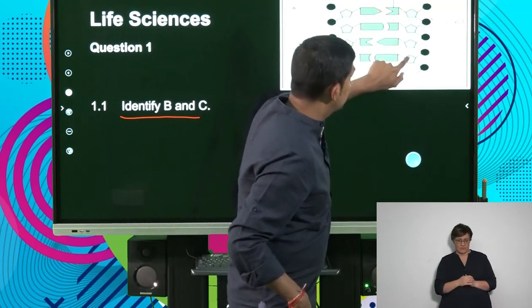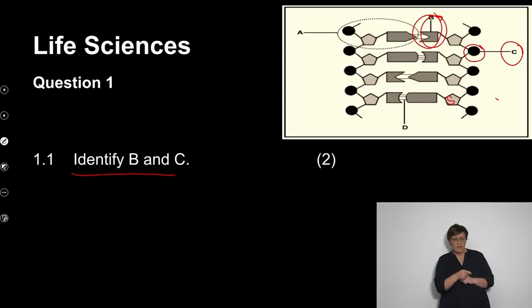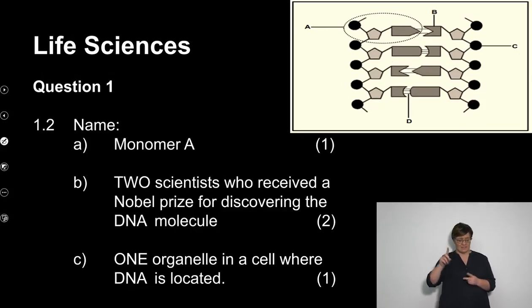So here we find the sugar molecules, and here we find the phosphate molecules that form the sugar phosphate backbone. So we know that in one single nucleotide you have a nitrogenous base, a sugar molecule, in this case deoxyribose sugar, and a phosphate molecule here. So molecule C points to a phosphate molecule, and as I mentioned, B in that previous diagram pointed to a nitrogenous base.